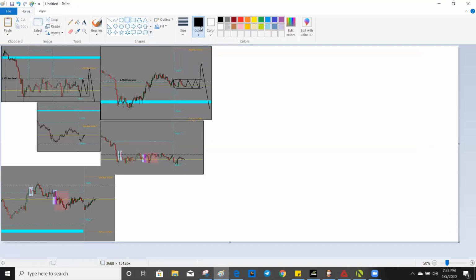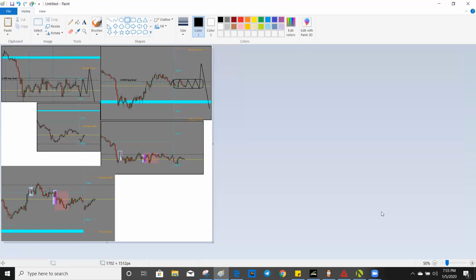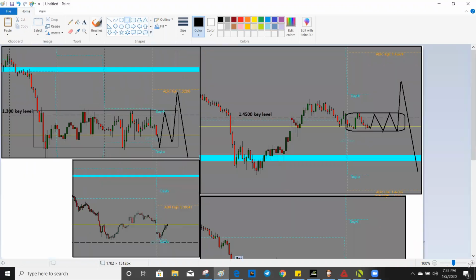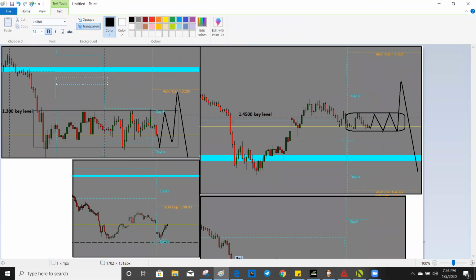All right, so let's draw this scenario here. This is USD Canadian. Make the font a little bigger.